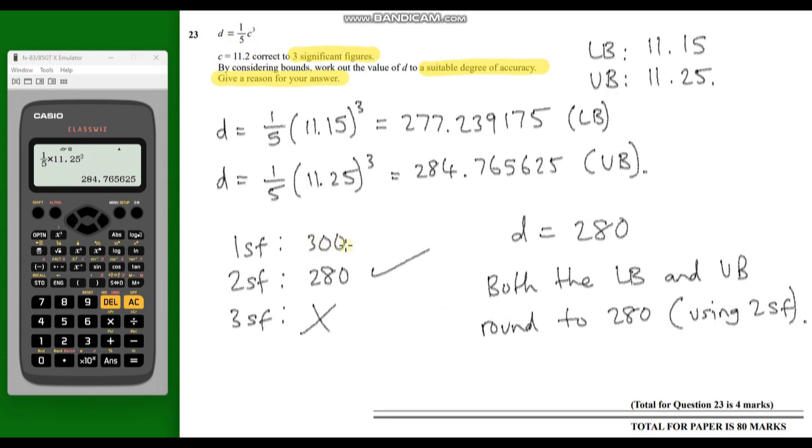Okay, they do both round to 300, but 280 is a much better number to use because it's more accurate. So our answer is going to be 280. The key with these sort of questions is to try and find a number where both the upper and lower bound round to the same number. And you can see that 280 works because they both round to 280.